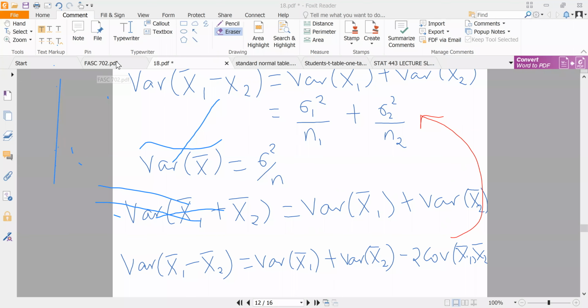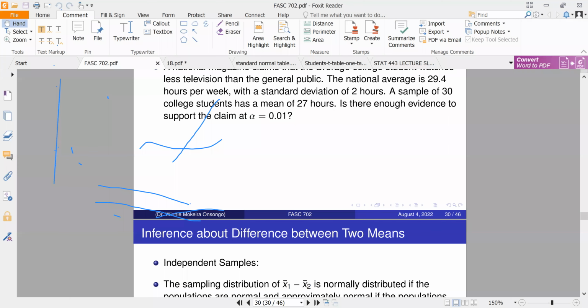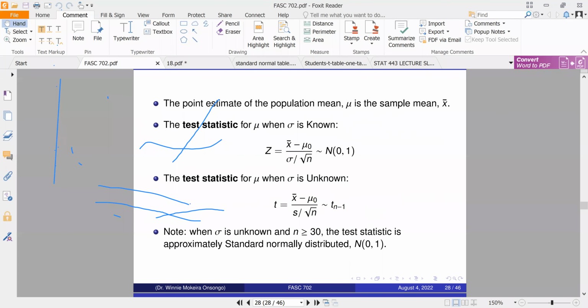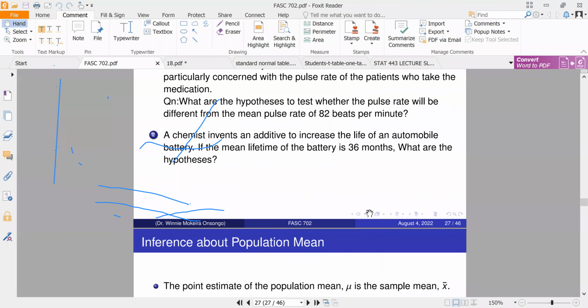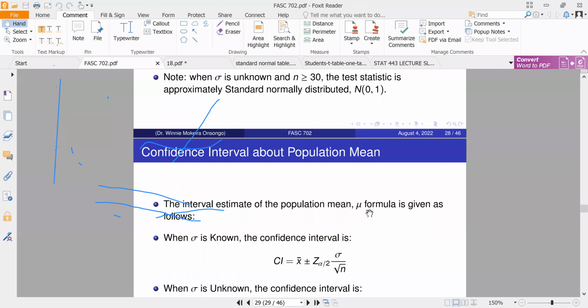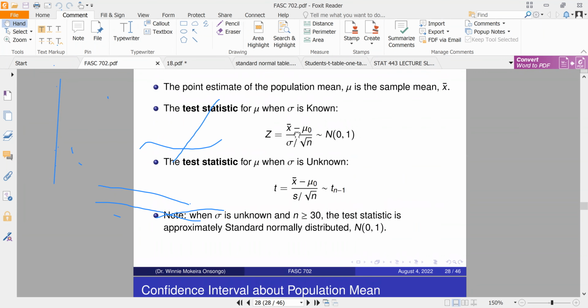Whatever we had at the beginning, up here, we had statistics. This statistic here is for a single population parameter.